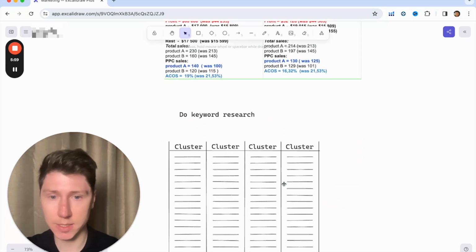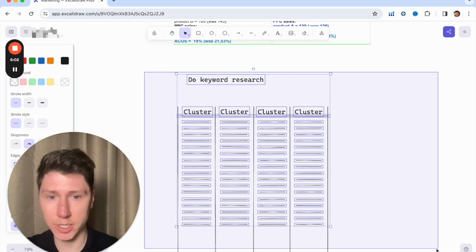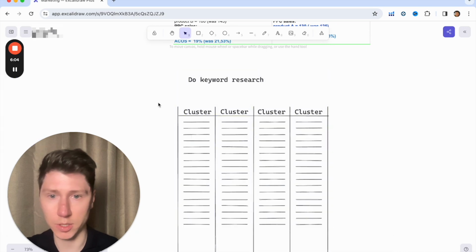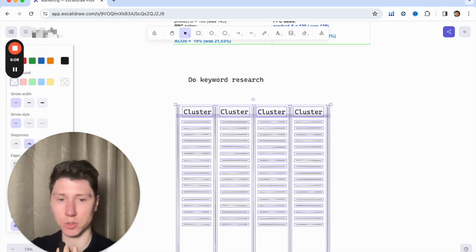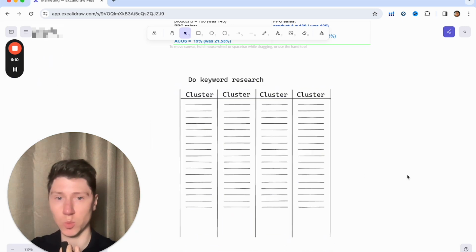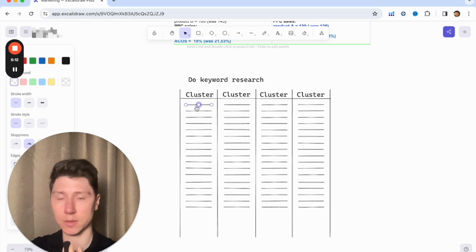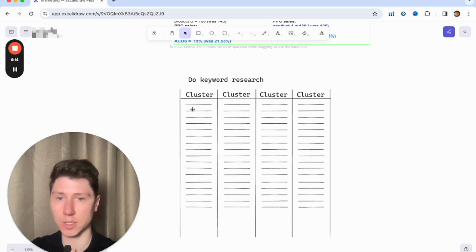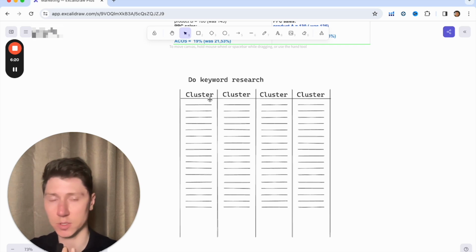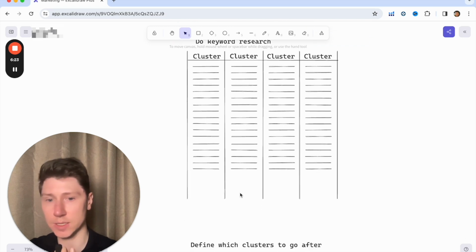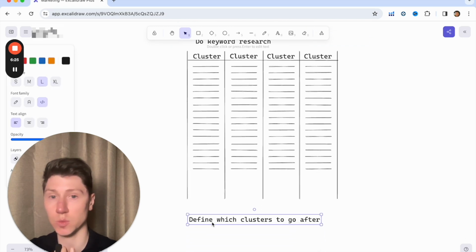And the next step is doing keyword research. I just showed visually how it's going to look, but in general you have just a spreadsheet with clusters, and you group all the keywords in these clusters depending on the common feature for these keywords, and then you define which clusters you want to go after.